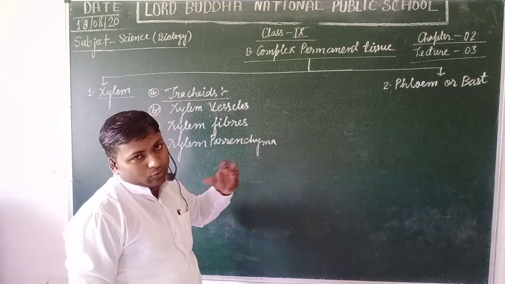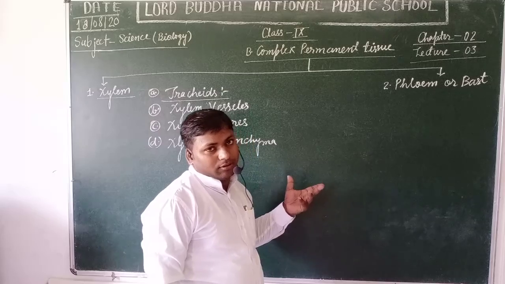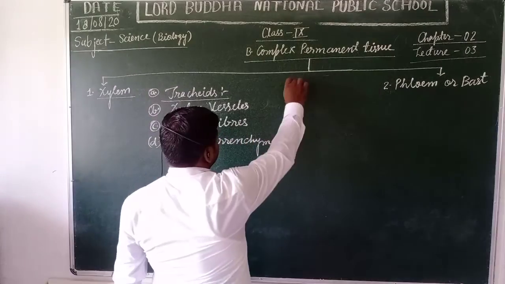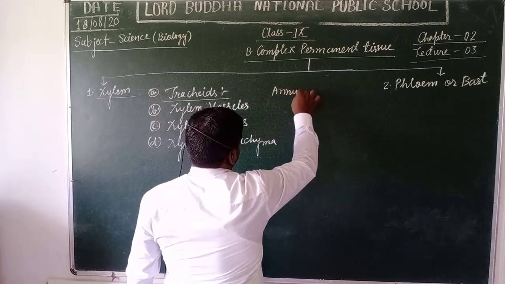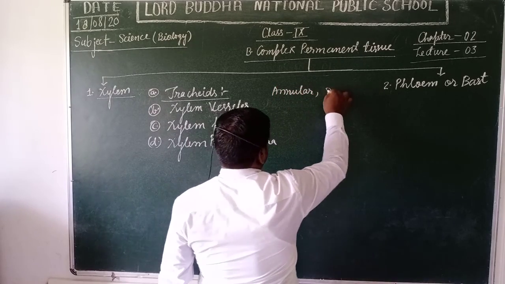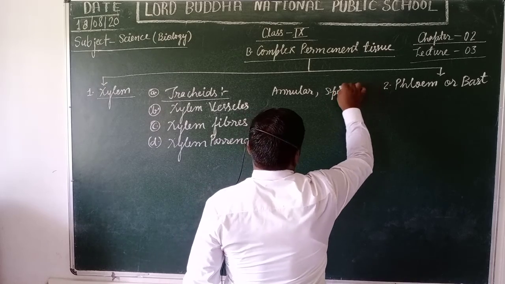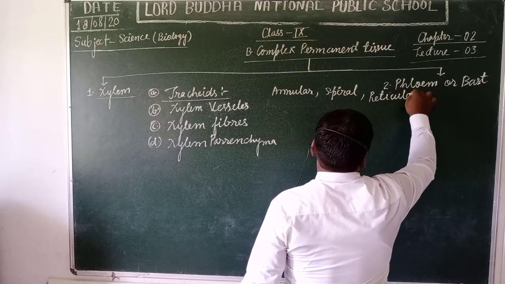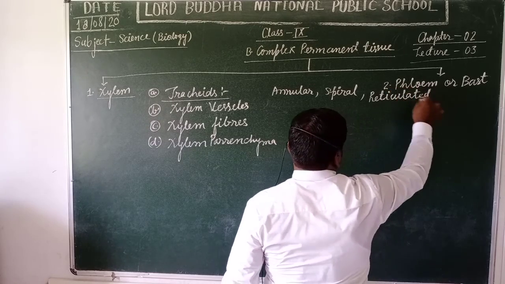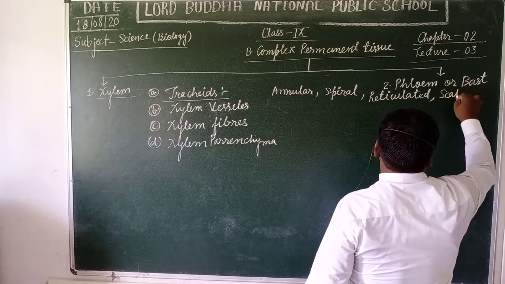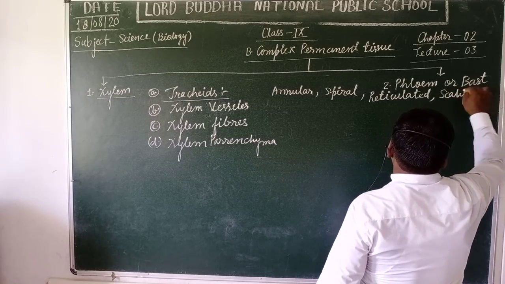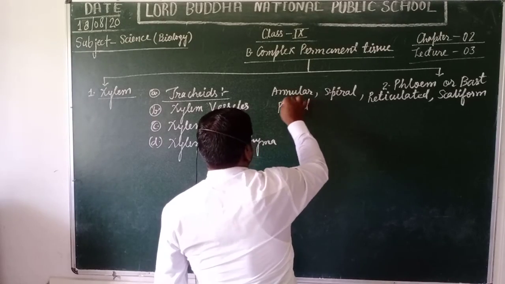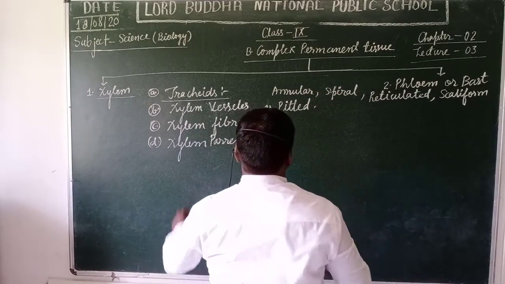On the basis of deposition of lignin on the cell wall of the tracheids, they are classified as annular, spiral, reticulated, scalariform, pitted-like structures.